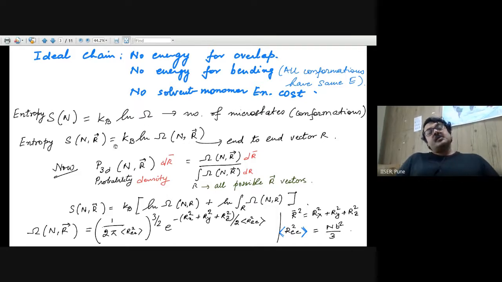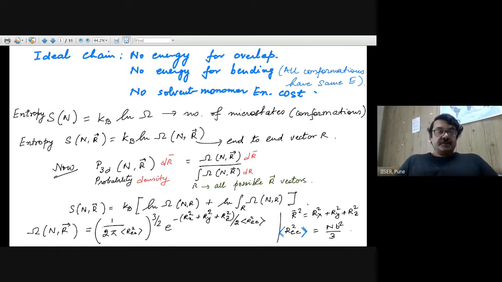And then you ask, what is the probability, what is the 3D probability that the polymer chain takes a conformation such that the end-to-end vector is a fixed value R? That's what you would talk about in a discrete model.